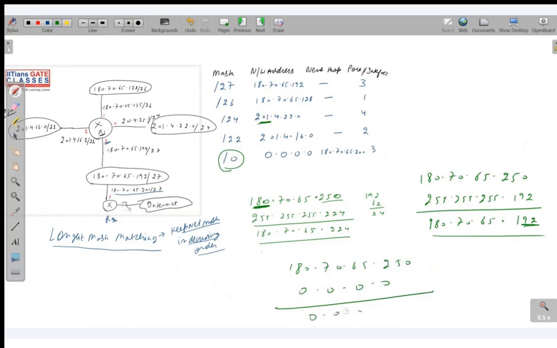After doing the AND, what will you get? 0.0.0.0. For sure you will get it. So that means this will match. The moment you get a match, the next hop will be this, and you will forward it with port number 3. So you will forward the packet here and it will forward it to the rest of the internet and so on. This is the way of forwarding the packet.